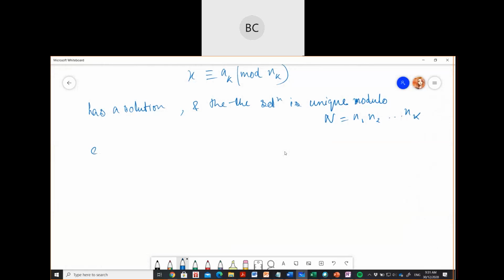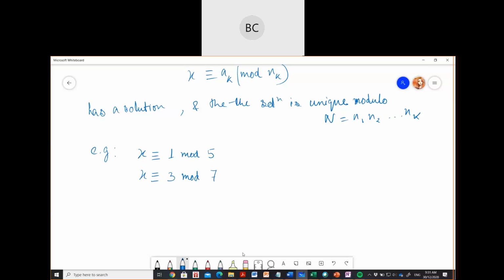I'll just show you an example. For example, we have expressions like x congruent to 1 mod 5, then x congruent to 3 mod 7.